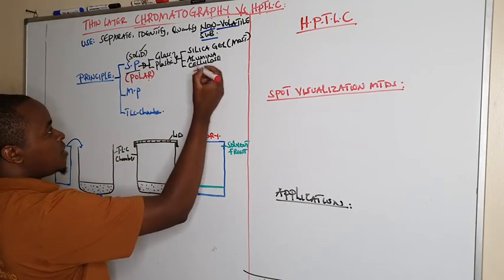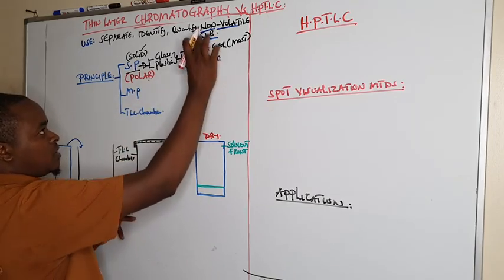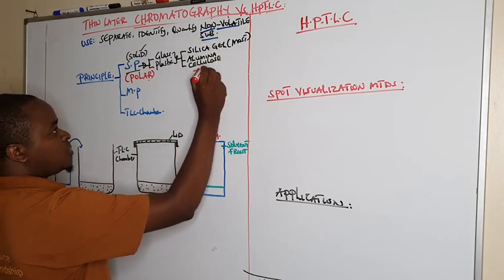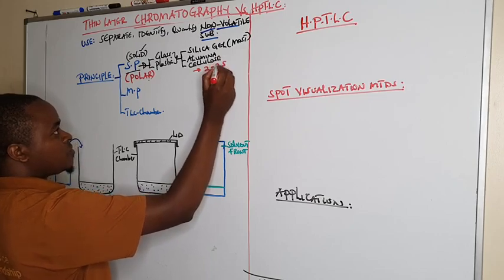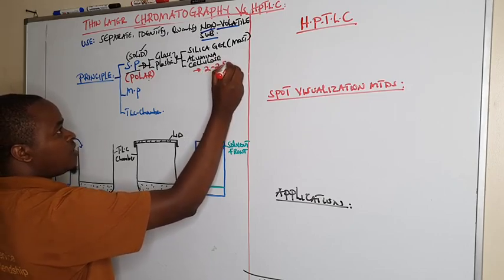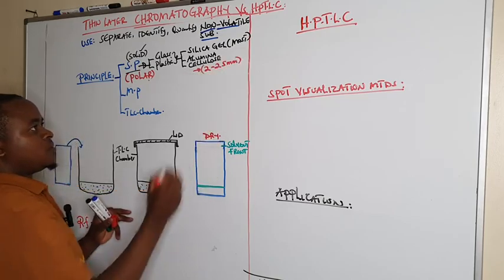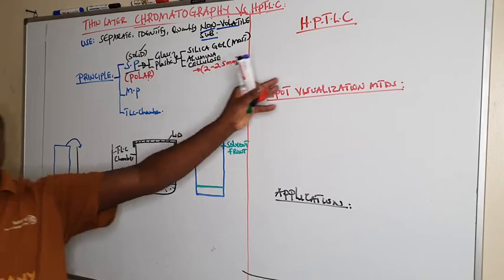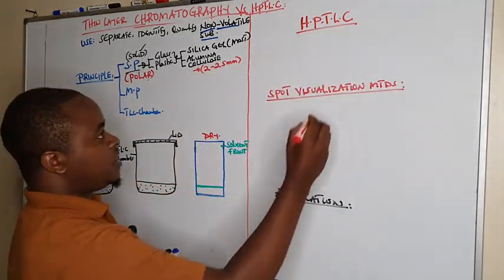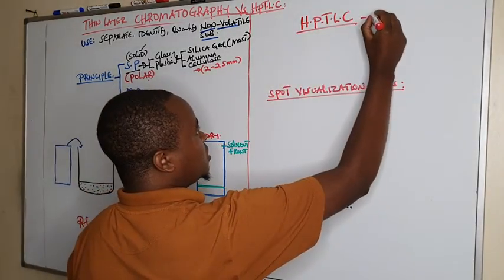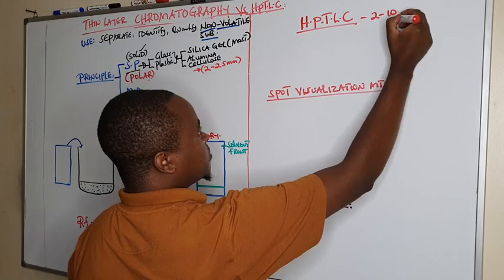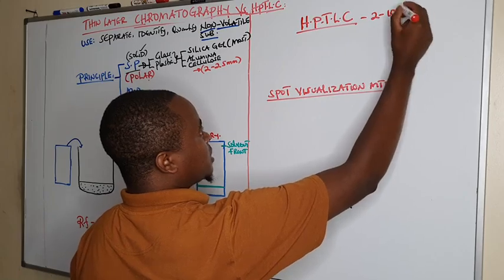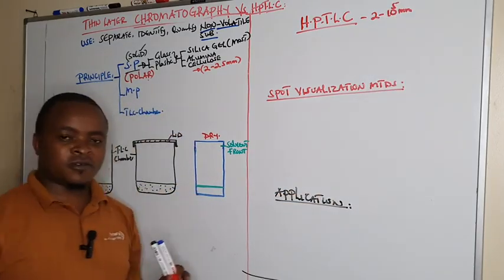The size of these particles ranges between 2 to 25 micrometers, which is different from high performance, which deals with between 2 to 10 micrometers, or sometimes can go down to 5.